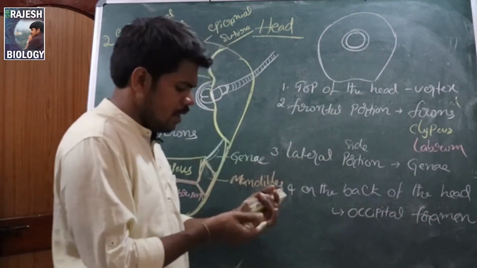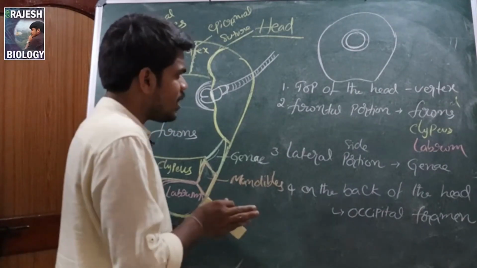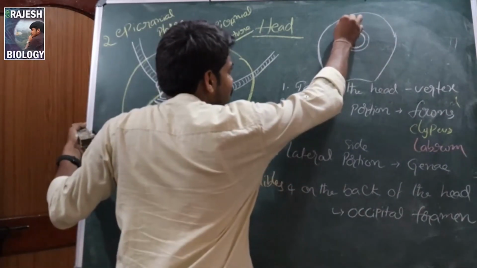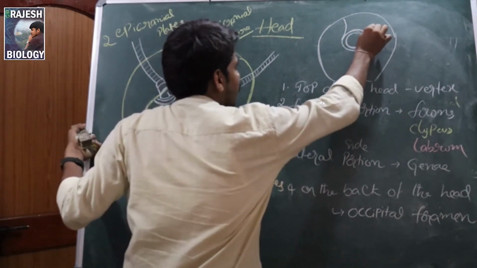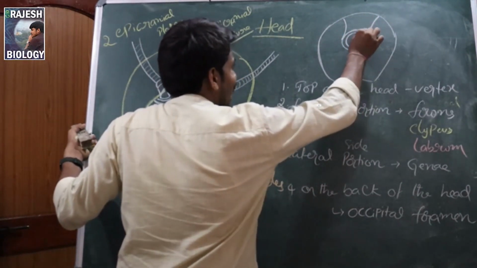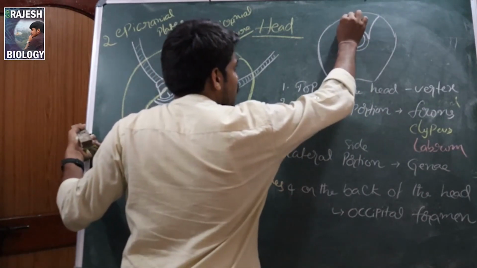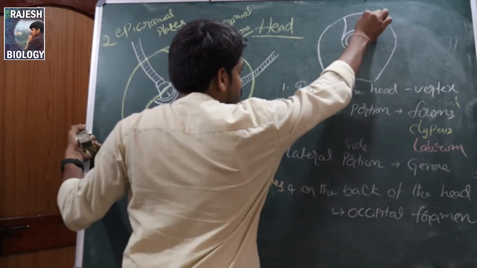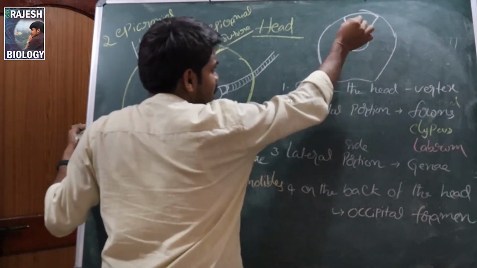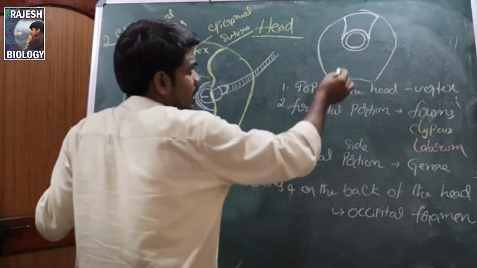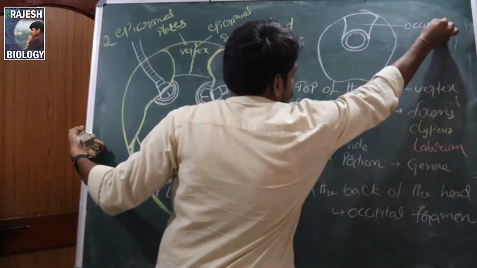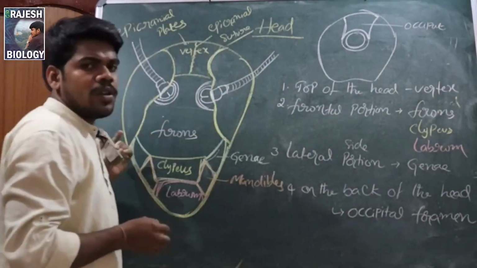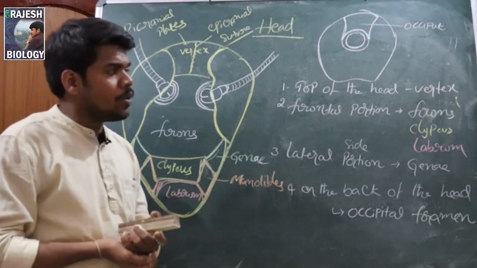So here also there is a sclerite which borders this occipital foramen, and that is the occiput.